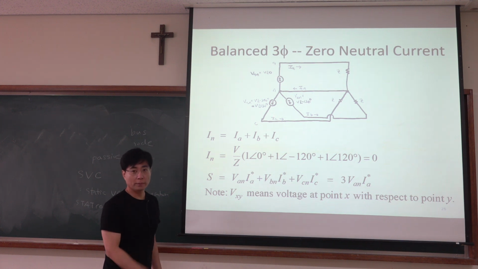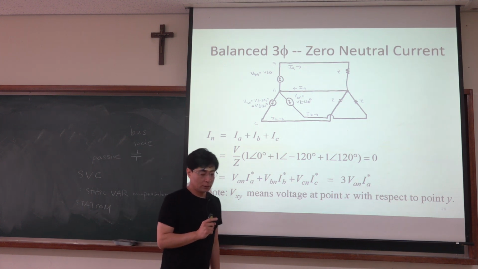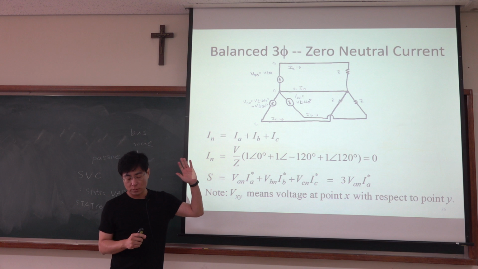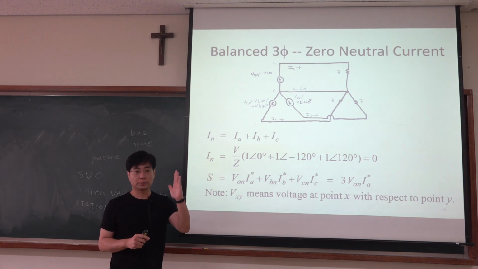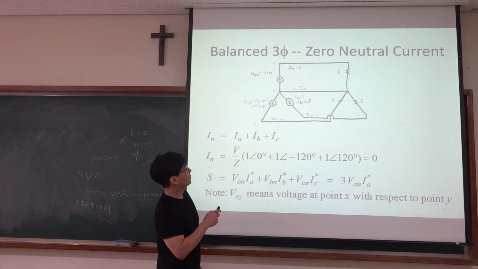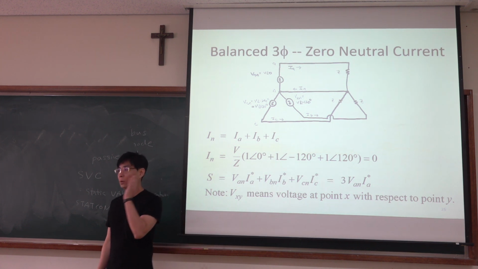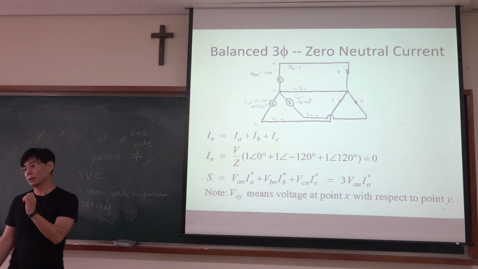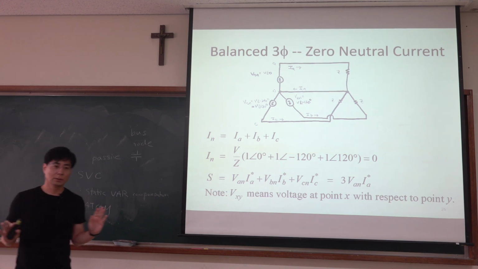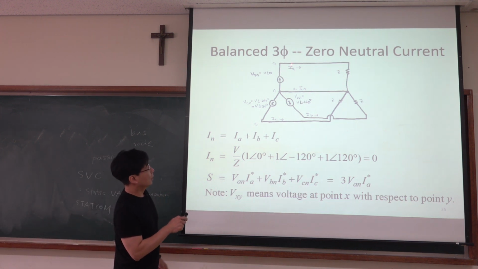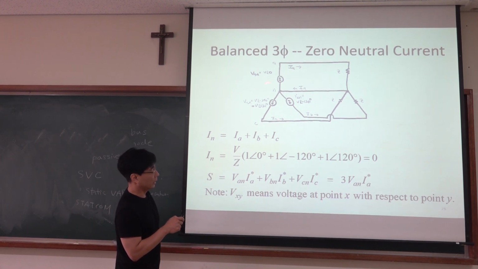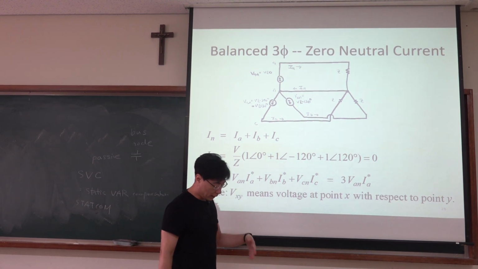the same magnitude. Okay. The only difference is that this is AC system, so there is a phase angle. So the phase angle of line A, line B, line C are different by 120 degree. That's all. So when the current IA for line A, IB, IC, they are same.